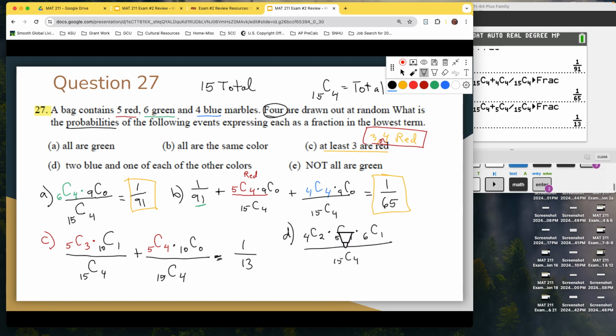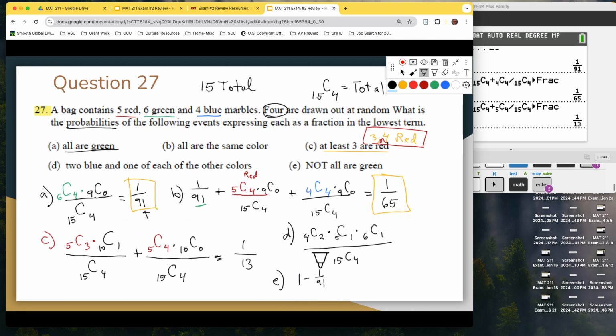Okay, and again, you've seen me put this in enough times, so I'll leave you with that. We'll check the answers. With E, this one's a little different. Not all are green. What we want to do is take the fact that all are green and subtract it from 1. So not all are green is the opposite of all are green. So if we take 1 minus 1/91st, from which we got up here, right?